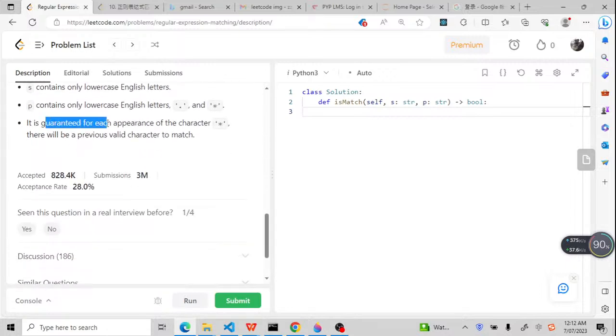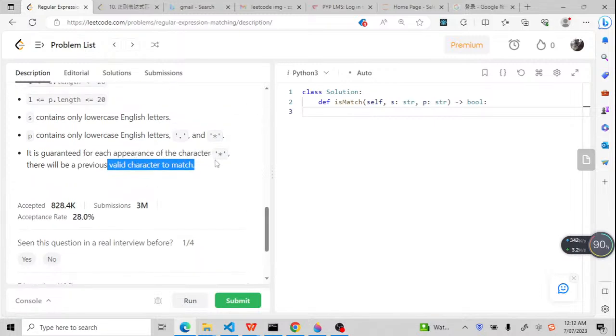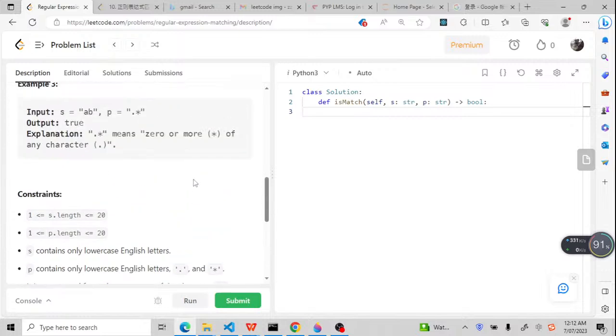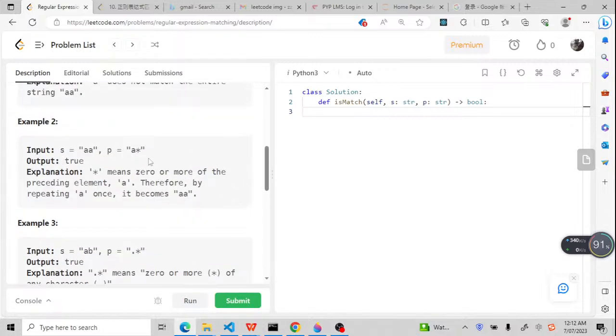It is guaranteed that for each appearance of the character star, there will be a previous valid character to match it. It means before star, there's always a character. For example, this is A, and here before star, there is a B. There should always be a character. Otherwise, we cannot solve the problem because there's no such case like star and star, with no previous character like A or dot.